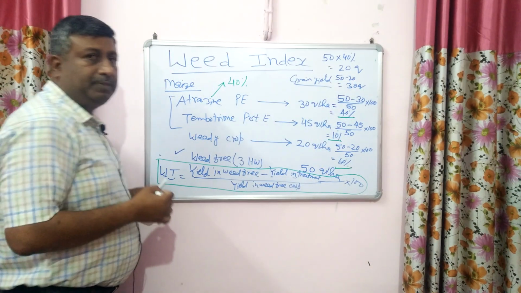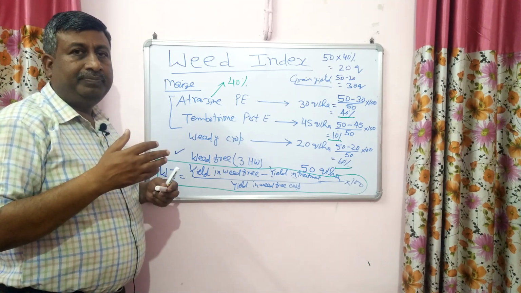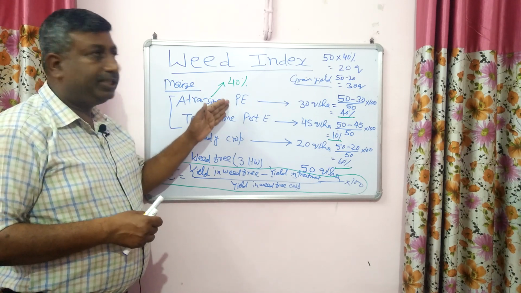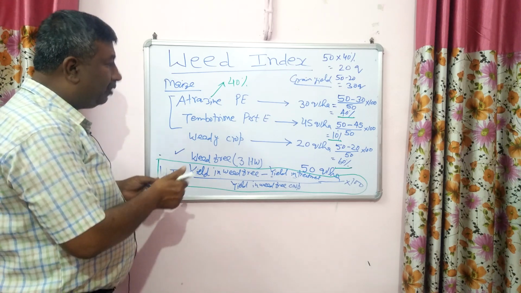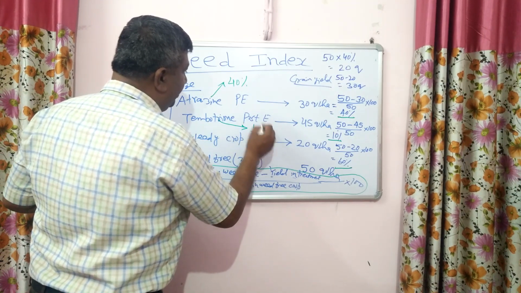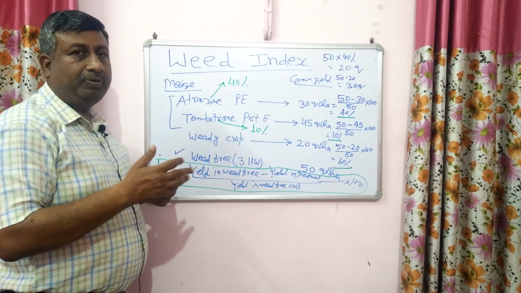So weed index percentage tells how much reduction is in yield compared to weed free crop. So in atrazine there is 40% yield reduction as compared to weed free crop. Similarly in tembotrione, only 10% yield reduction as compared to weed free crop.